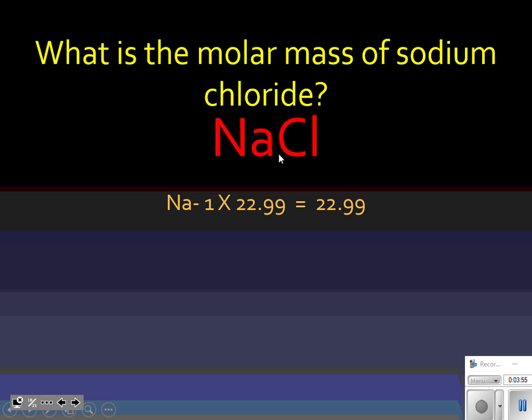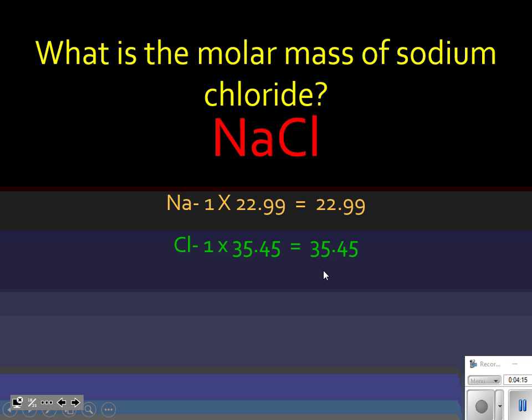Look at chlorine here. I have 1 chlorine. Each chlorine has a mass of 35.45 grams. So I would set this problem up exactly like this: chlorine, 1 times 35.45.